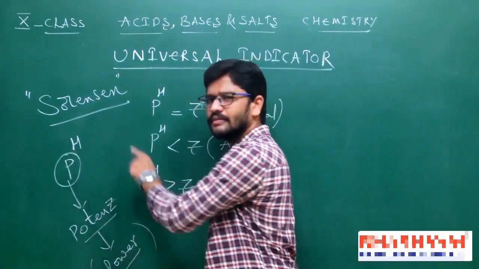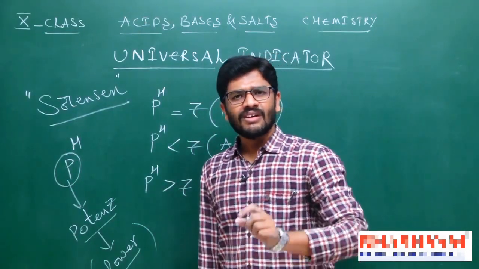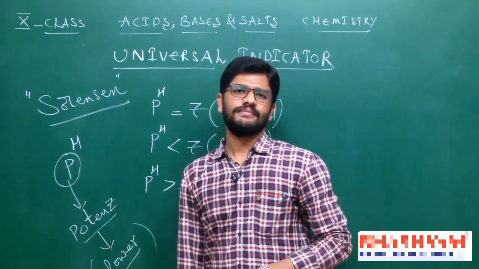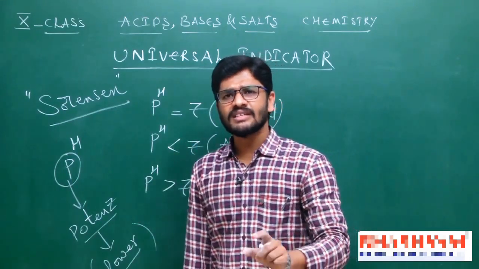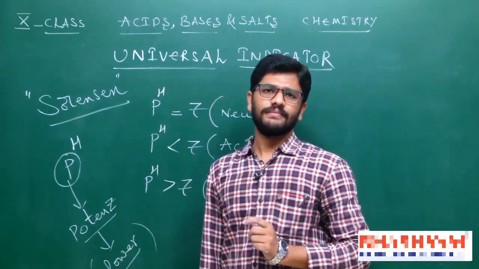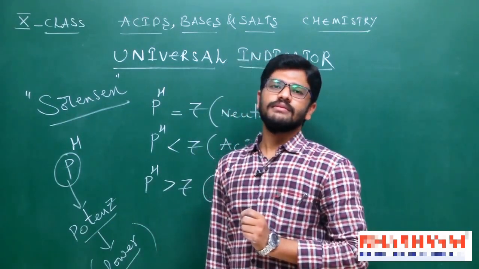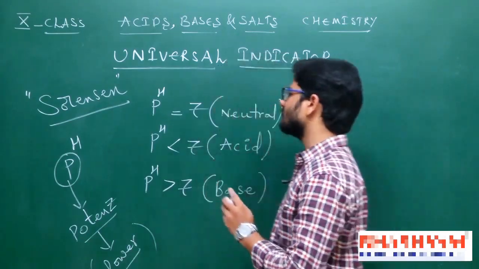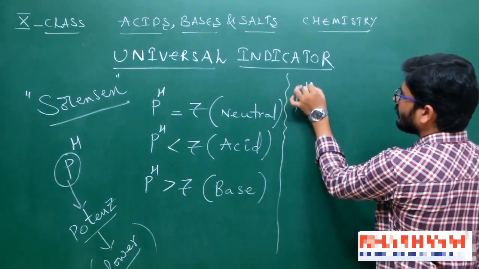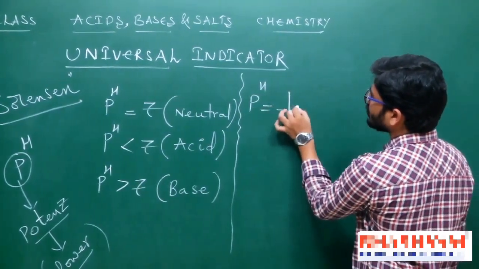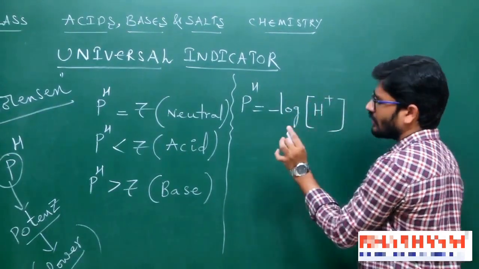So pH can be associated with concentrations of acids and with concentrations of bases. Mathematically, pH is the negative logarithm of the concentration of H plus ions.